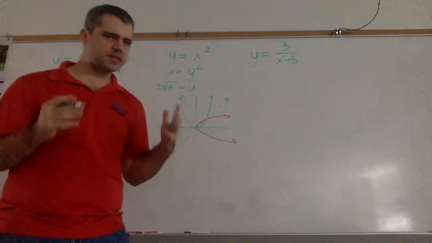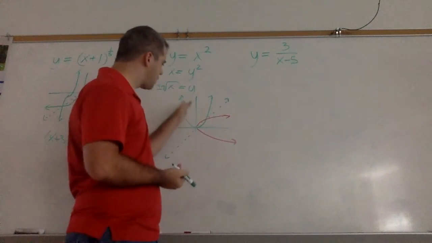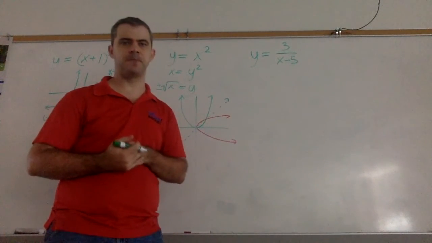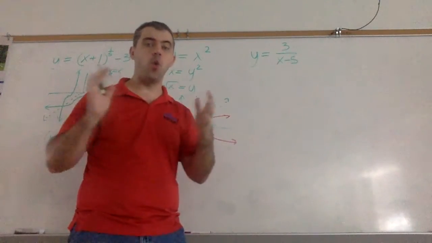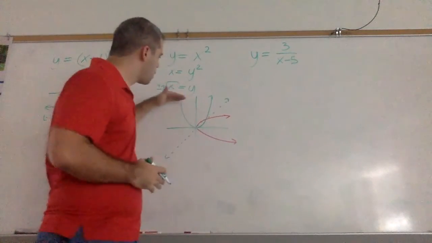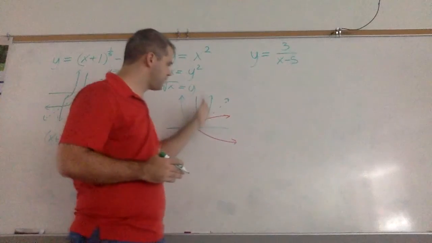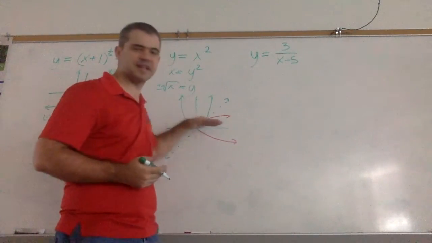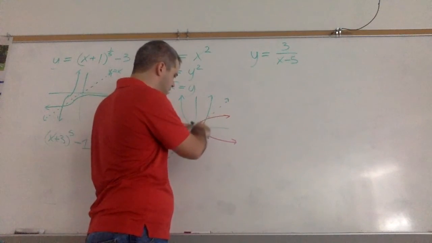Now, one of the ways that you can tell this is going to happen ahead of time is, you know how we use the vertical line test to see if no x's were repeating? Well, when we switch them, we need no y's to be repeating. Well, how can we tell that? With a horizontal line test. So this passes the vertical line test, so it's a function, but it fails the horizontal line test because we have repeating y values.